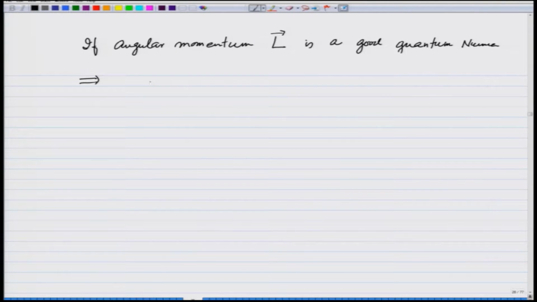This means number 1, L is a constant in time, it does not vary. Number 2, HL minus LH. If I change the order of these operators and subtract, this should be 0. This is what we have learned last time.